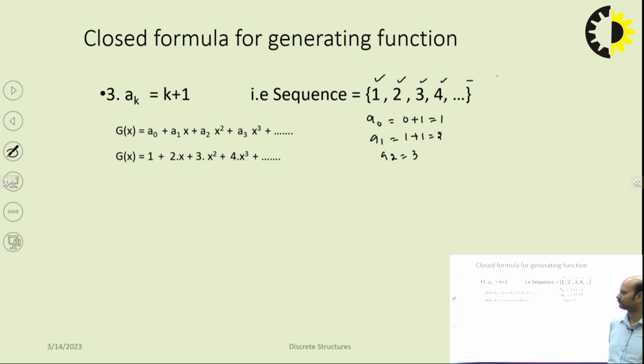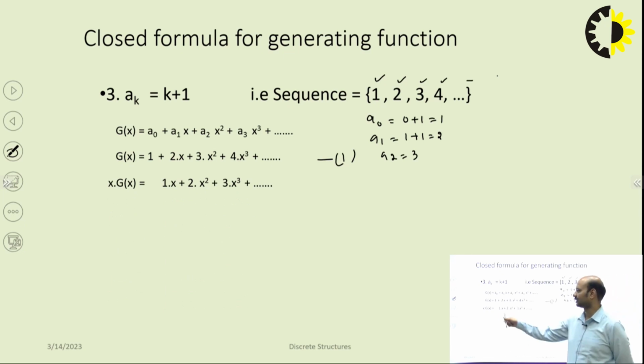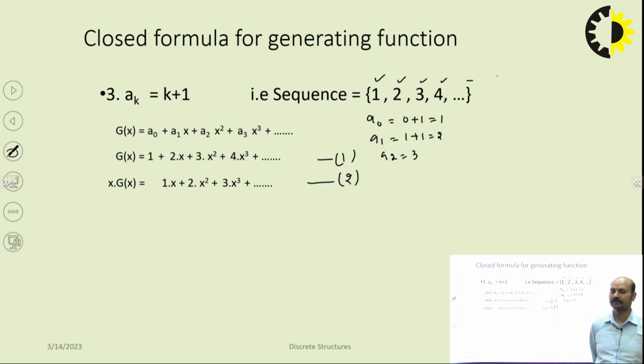We multiply this equation, equation number 1, by x. So xg of x is equal to 1x, then 2x square, and 3x to the power 3, and so on; infinitely many terms come in this series. We call this equation number 2, and we subtract equation number 2 from equation number 1.